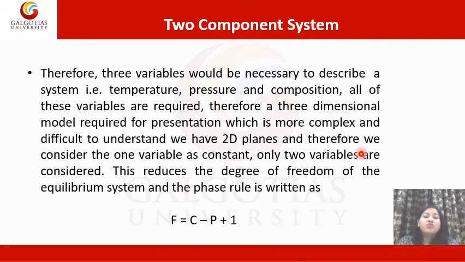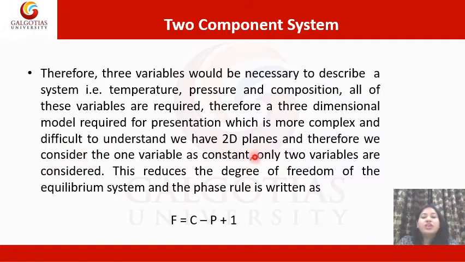All these variables are required, therefore, a three-dimensional model is required for the presentation, which is more complex and difficult to understand. We have 2D planes and therefore we consider one variable as constant. Only two variables are considered.